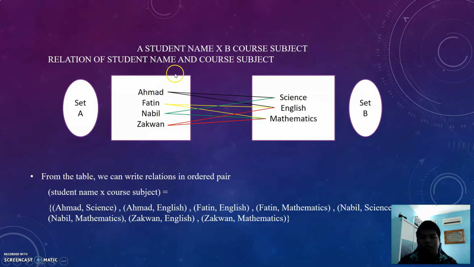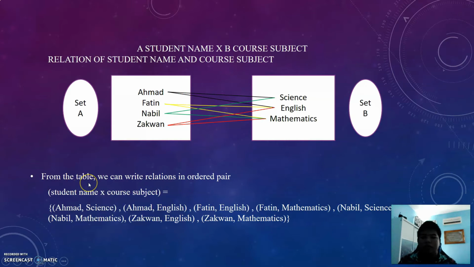These are some examples that we can relate from the introduction. We have a set A which includes student names and set B which includes course subjects. The relation that we can get from the table is the relation of student name and course subject.